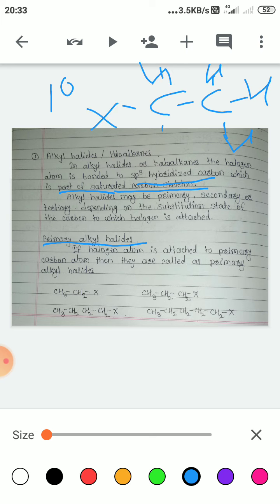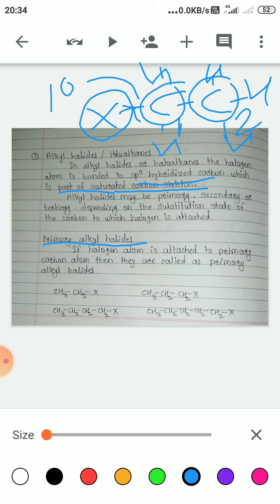If one hydrogen atom is replaced by halogen, this halogen atom is attached to this carbon atom. If we number this first and this one second, that means this carbon atom is attached to only one other carbon atom and therefore this carbon atom is a primary carbon atom.